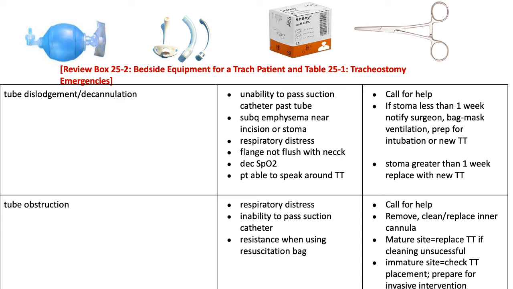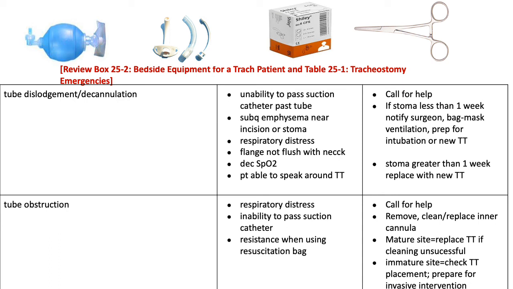Some of the emergency equipment that should be at the bedside, you can see at the top of the screen, there are hemostats. Sterile hemostats should be at the bedside. This is to open the stoma in case the tracheostomy tube decannulates, in case it comes out.